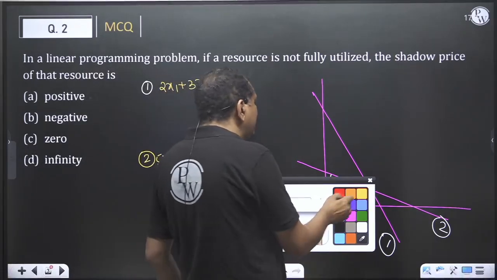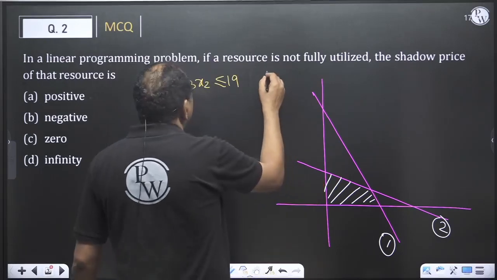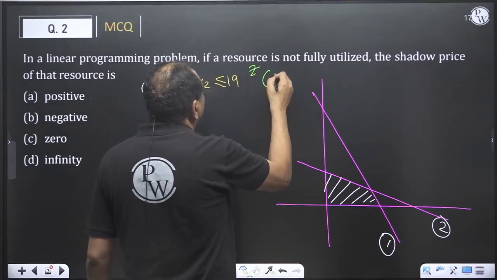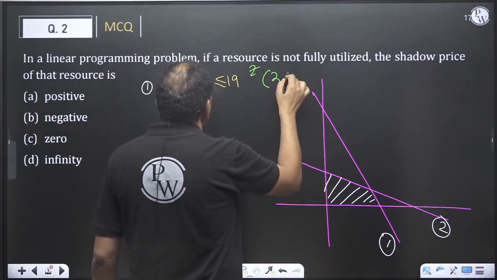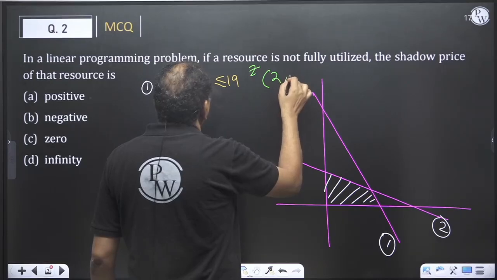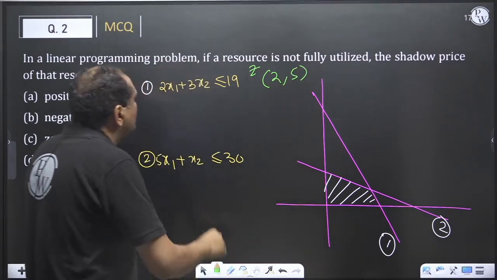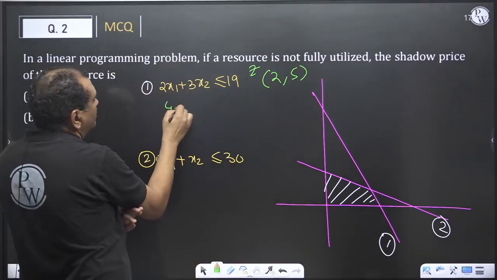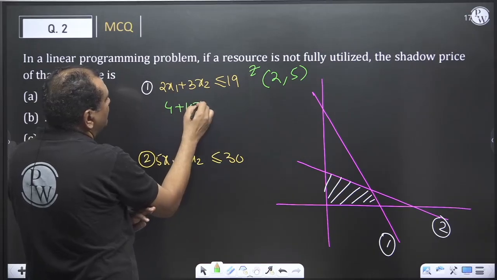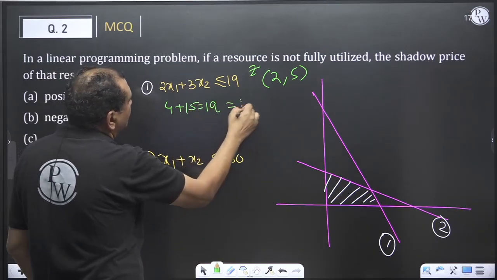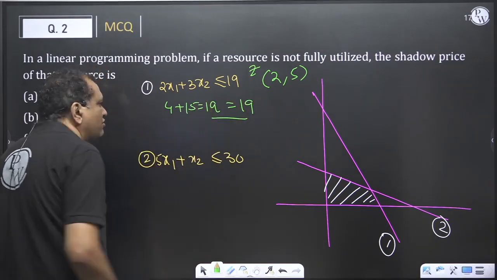Let us say the optimum point is 2 and 5. So if I apply here, 4 plus 15 is equals to 19. So left hand side is equals to right hand side.